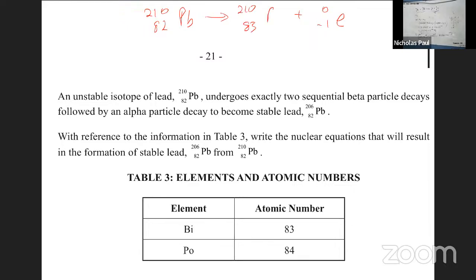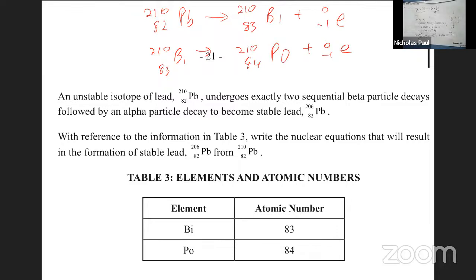Bi, nice. And then Bi is now undergoing what? Beta again to become 210 what? 84. 84 is what? Po.